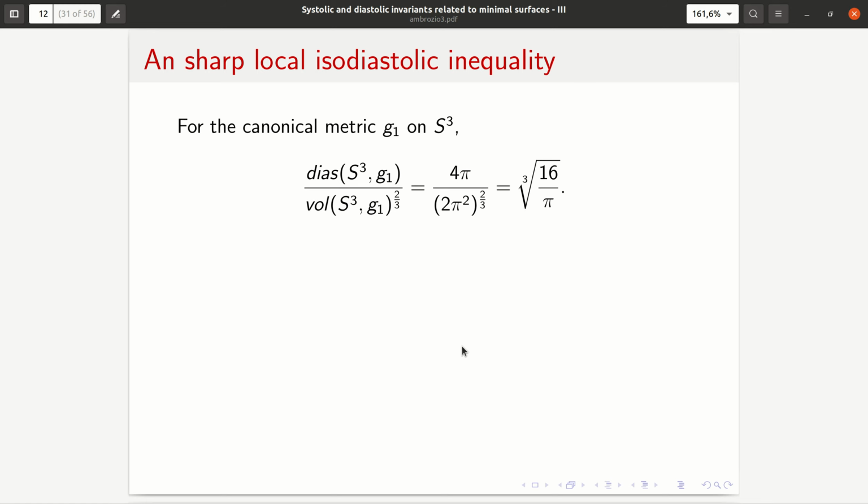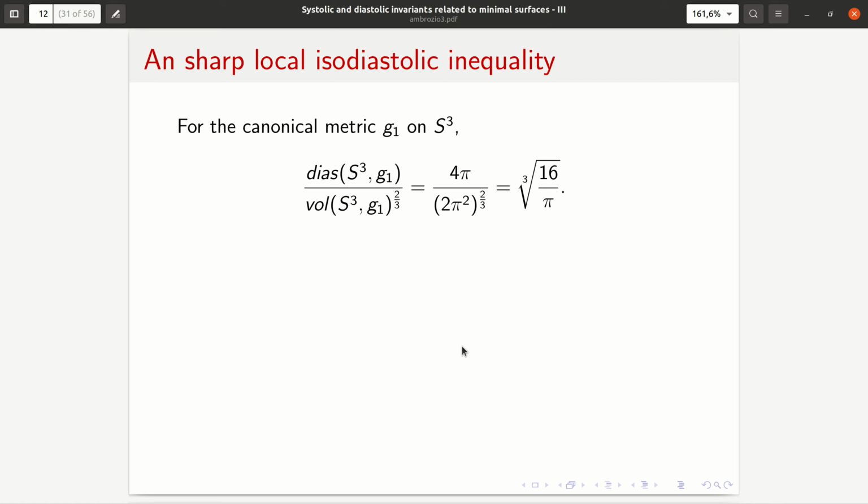Let me start by remarking that the canonical metric is such that its normalized diastole is equal to the cubic root of 16 over pi, and we show that this number is an upper bound for the normalized diastoles of metrics that are nearby the round metric inside its conformal class.